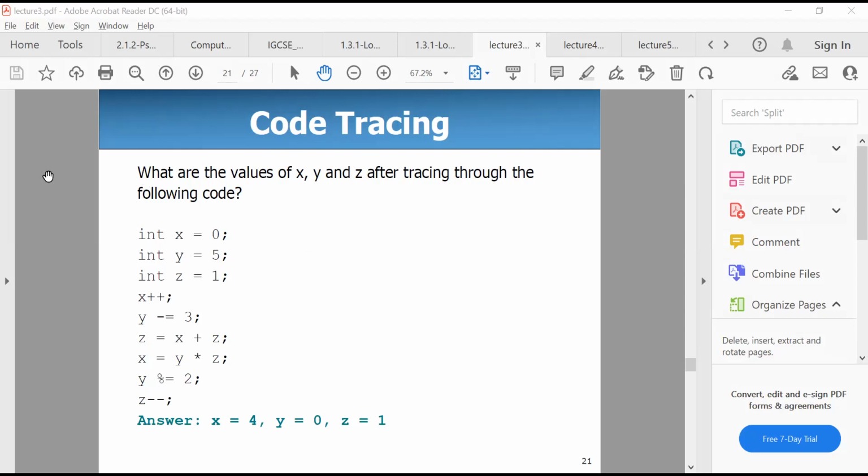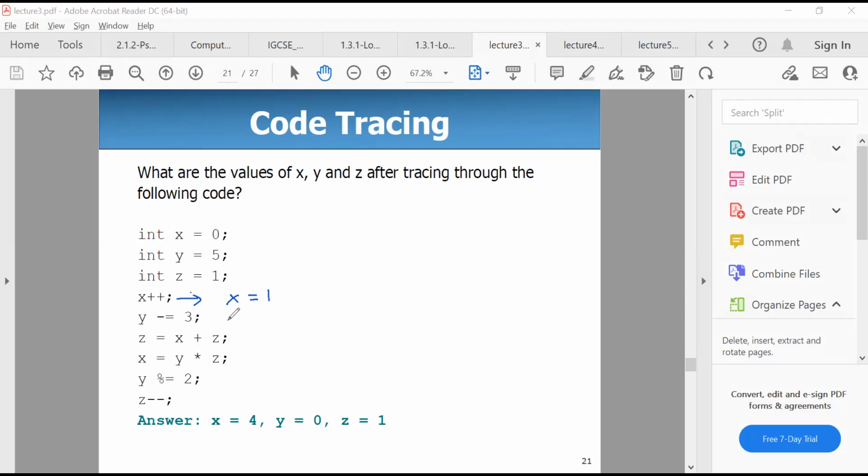Now I understand that we have the answer below, but can we think together? So if we have x equals 0, y equals 5, z equals 1, at this stage x plus plus, so x equals 1. Okay, and if we say y minus equals 3, it means what?